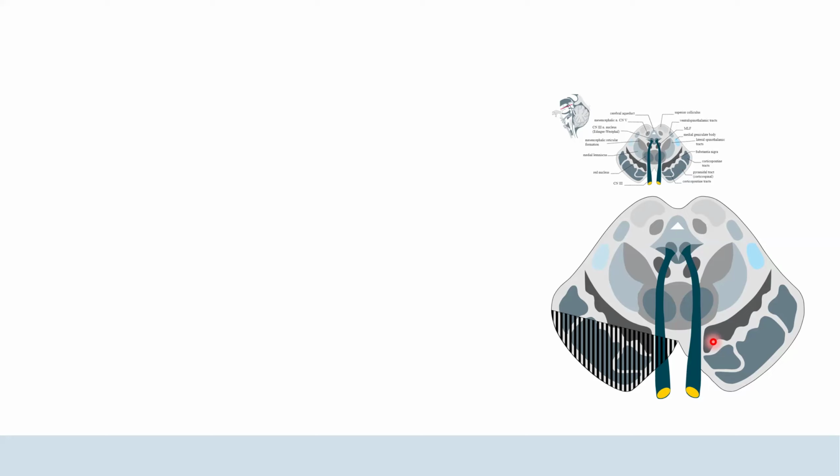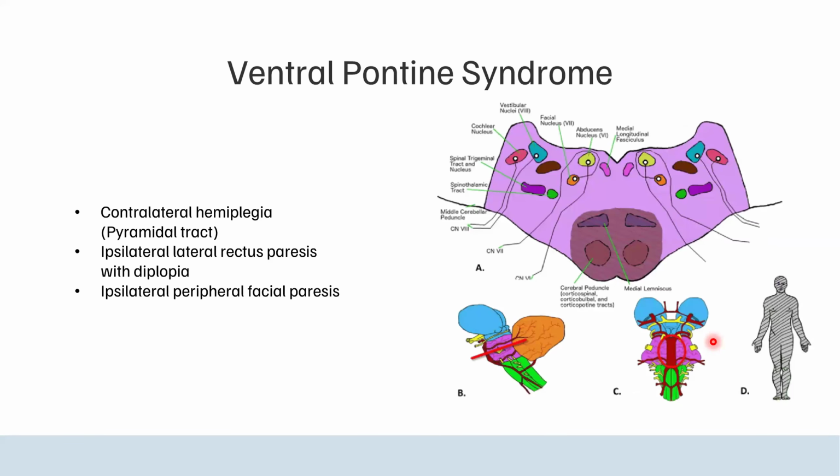Isn't damage to the basilar part causing quadriplegia? Yes, it does cause quadriplegia. Why? Because we are talking about the pyramidal tracts and we're affecting both of them. I told you, I think the part that I added here is incorrect. So yes, you're affecting both of them, so you will have quadriplegia. That is true.